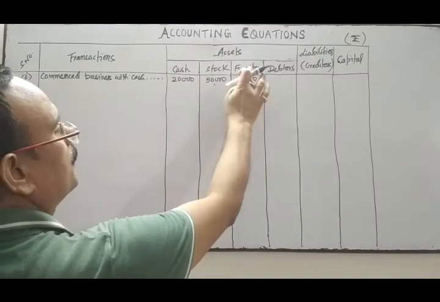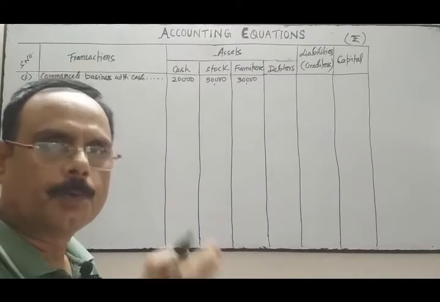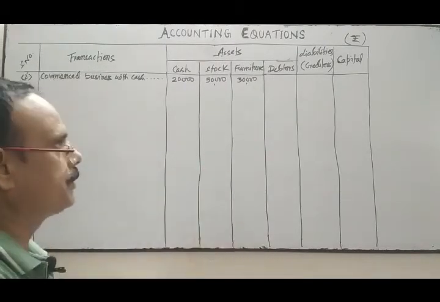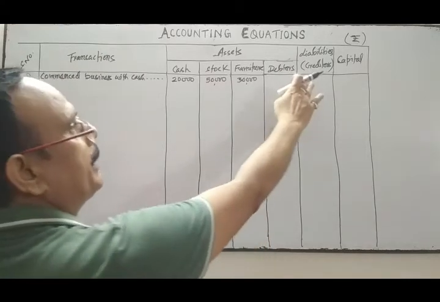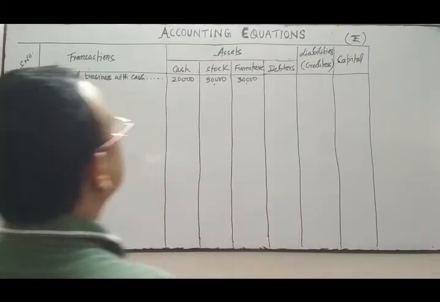Stock, cash, furniture and debtors: I have drawn the columns of four assets, and one liabilities of creditors as a liability, and capital.